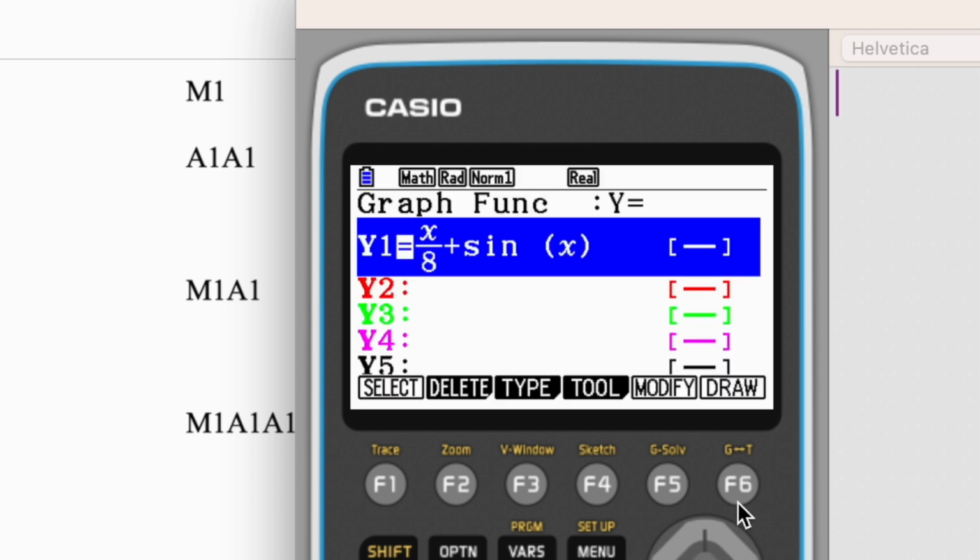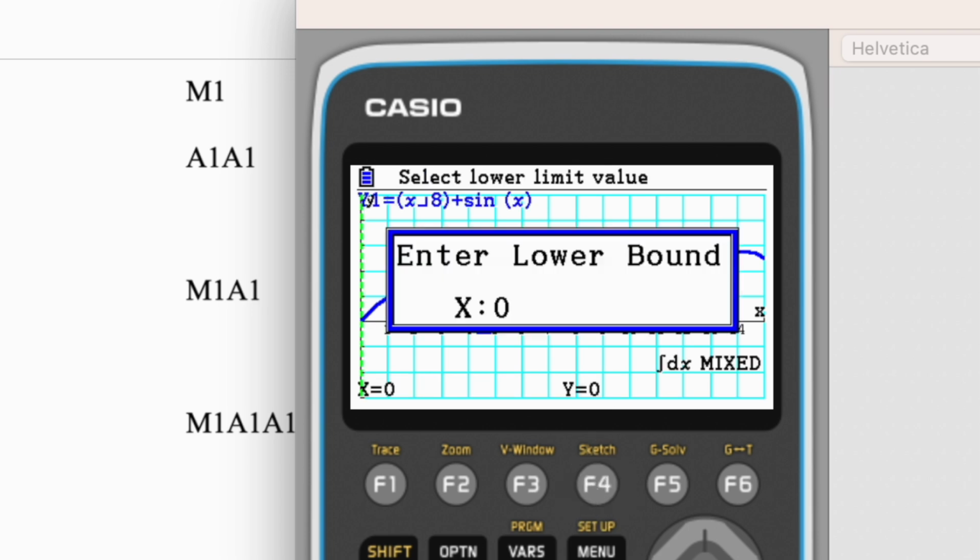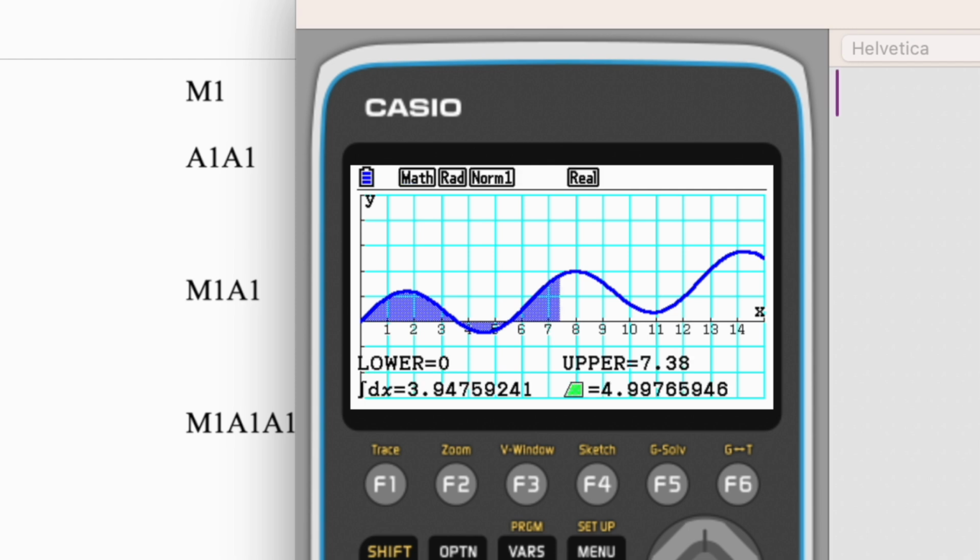and find out. So draw, GSolve, go to the integration, click on the mixed option. So from 0 to 7.38, right? And that should give you approximately 4.999. So it is very close to 5.